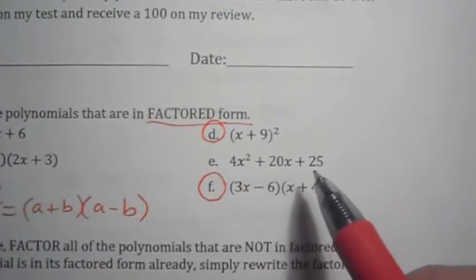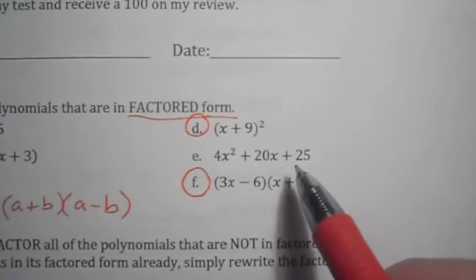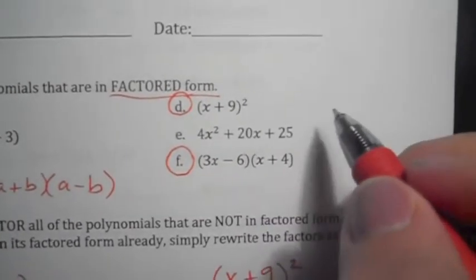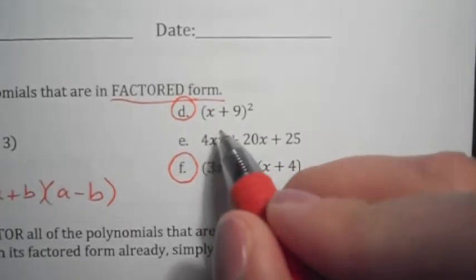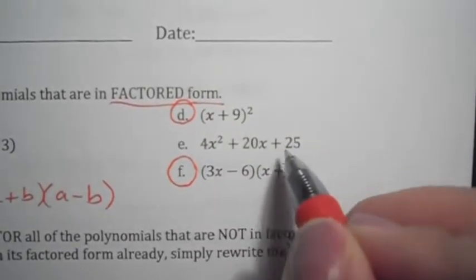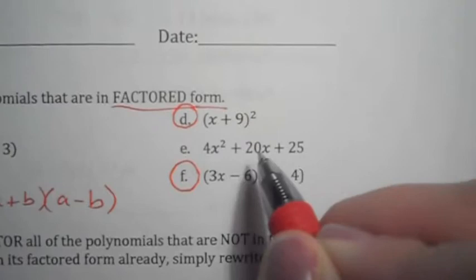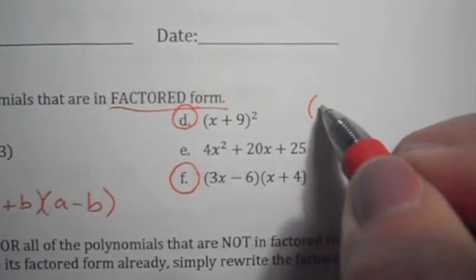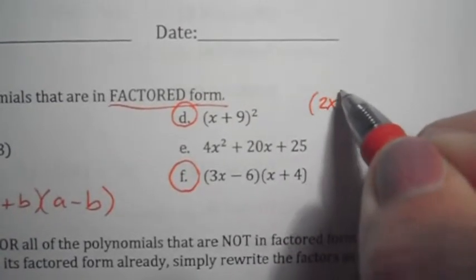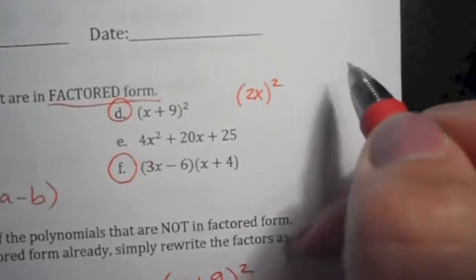Perhaps it could be a perfect square trinomial. We know it's a perfect square trinomial if the first term is something squared and the last term is something squared, and the middle is a combination of the two.